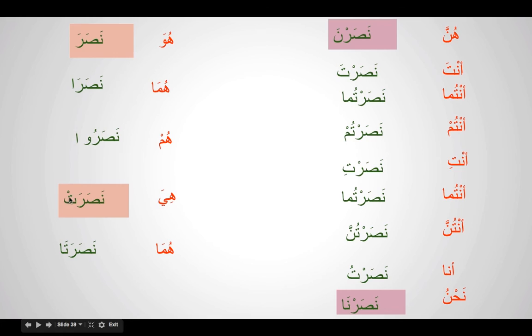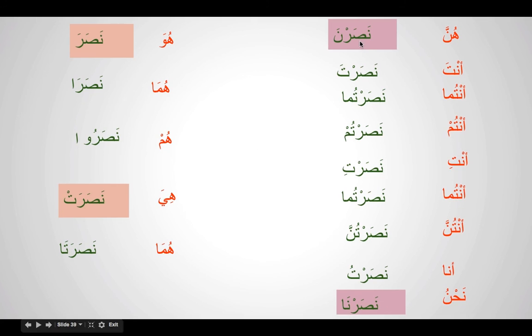So here we have to look who is doing the action, whether it is mustatir, if it is not mentioned in the sentence after the fi'l, or the name of the female or the feminine object is present after the verb. We have to look for it in these two situations. In other situations, we've got the signs attached to the verb, like nasarata, nasarat, plus alif musanna, two women.